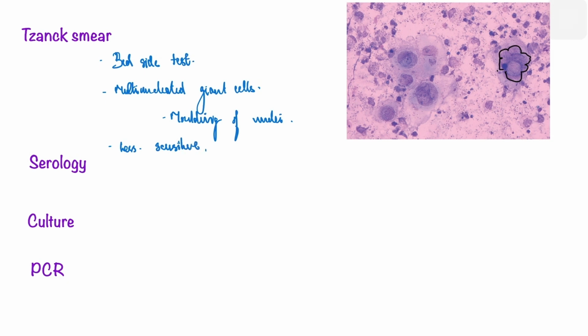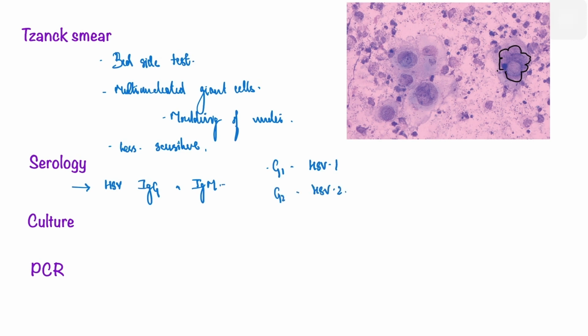What are the other ways of confirming HSV infection? By doing serology: HSV IgG and IgM. These antibodies differ for HSV1 and HSV2, which differ by the glycoprotein. G1 glycoprotein is seen in HSV1 and G2 glycoprotein in HSV2.